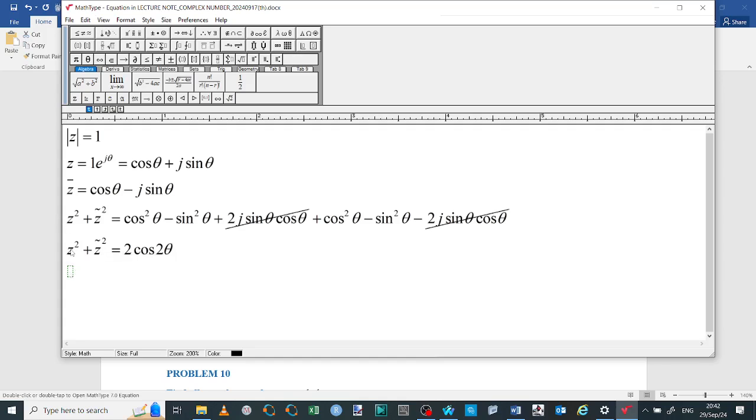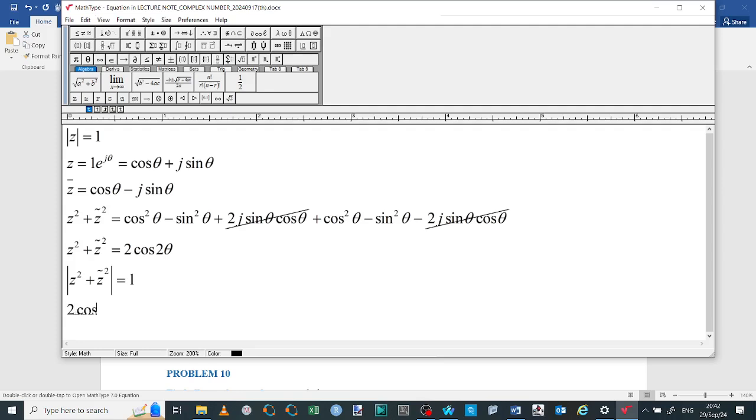Now, the absolute value of this quantity must give me 1. The absolute value of a real number is always that number, because this is a real number anyway.